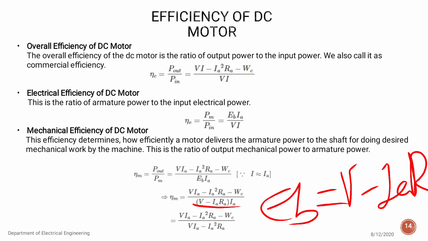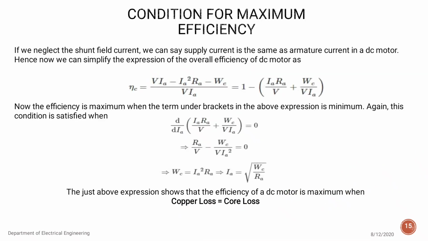So this value is written here. Only the value is changed or substituted. Now what will we do? We will multiply this IA with the particular term, so it becomes VIA minus IA square RA. Now we can take a common term from this, that means 1 minus WC by it here.